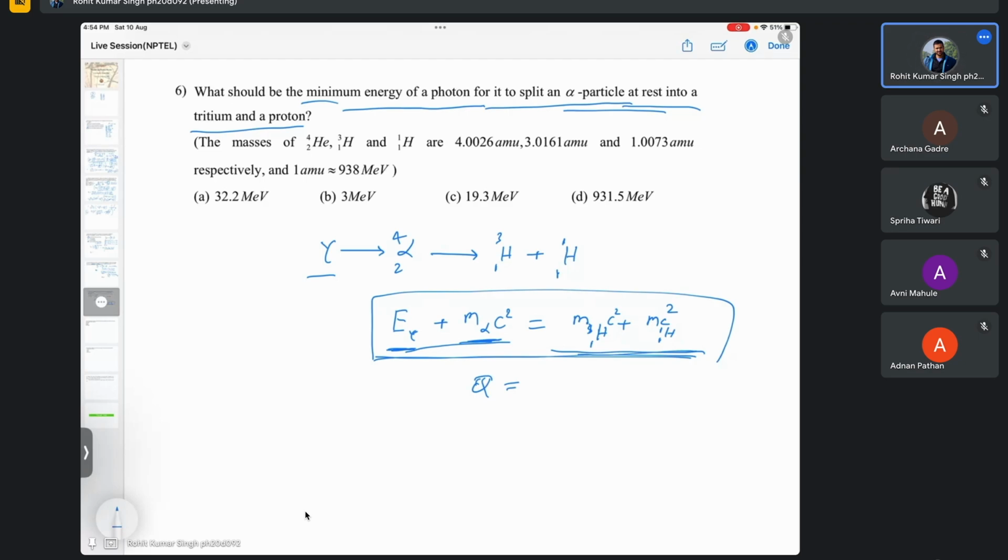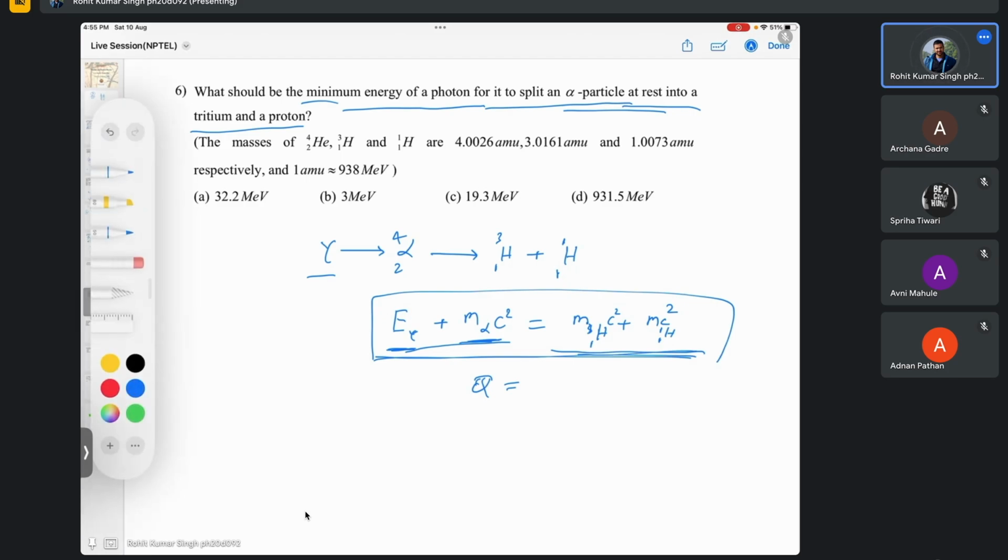It is the total kinetic energy of the decayed particles, and that comes out to be the mass difference of the decayed products and the decaying nucleus. But here such things are not there, so that's why I'm not writing the Q value here.